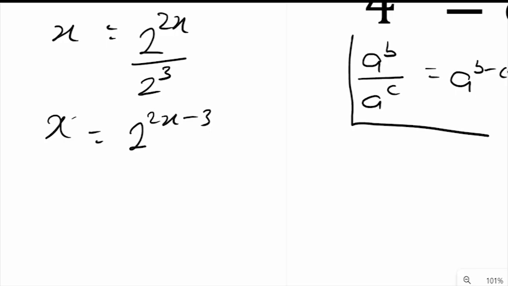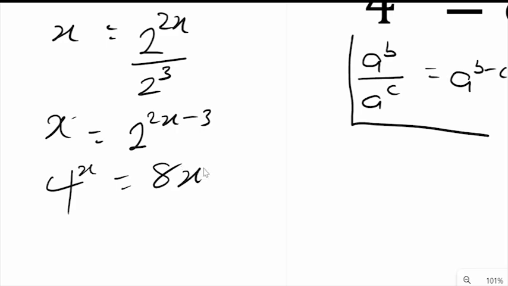Alright, now we know that x equals 2 raised to the power of 2x minus 3. And the original equation that we attempt to solve is this. Our interest is to solve 4 raised to the power x equals 8x.